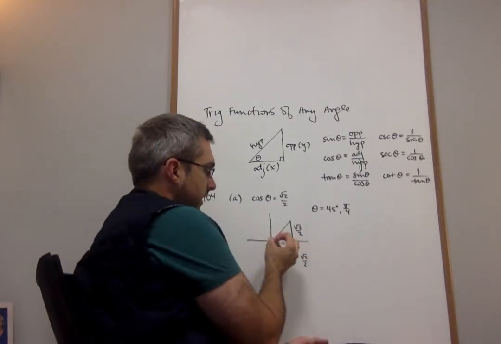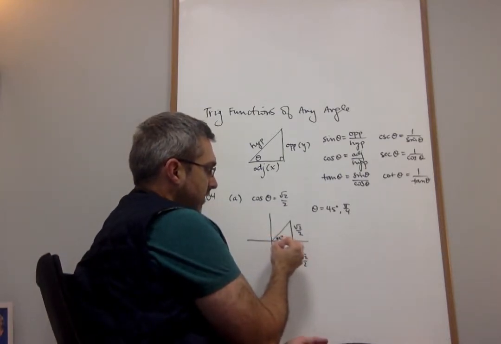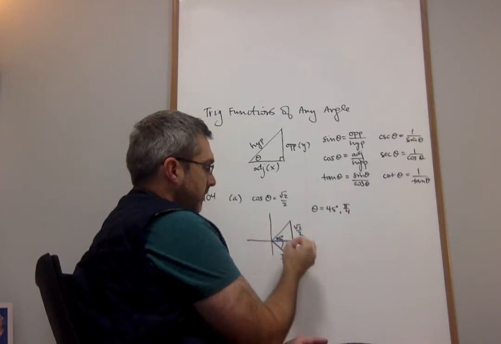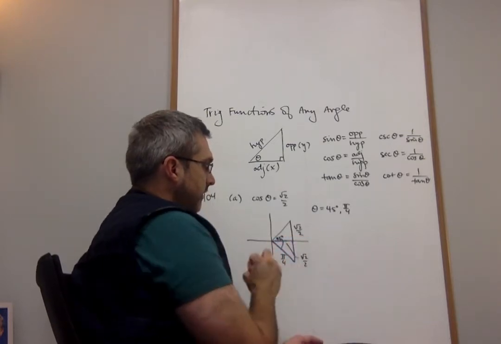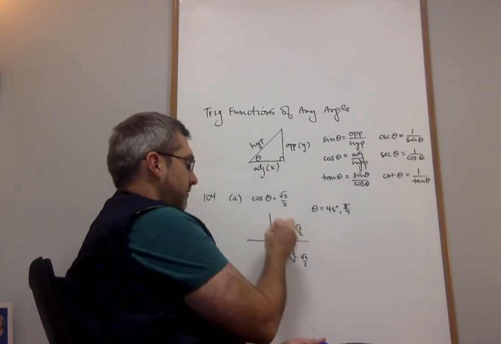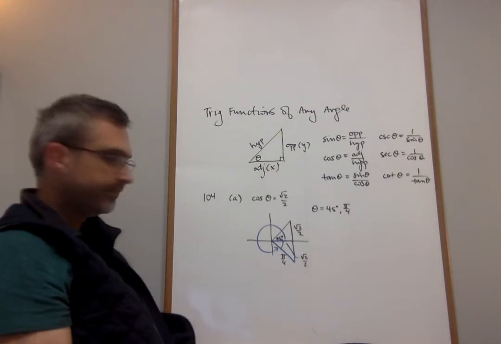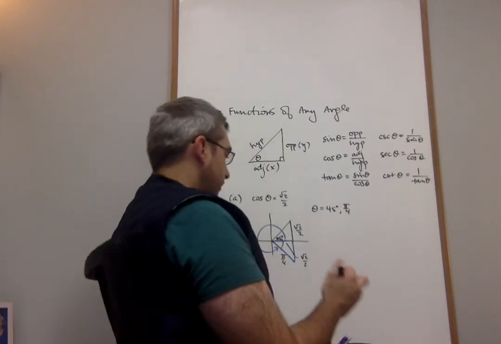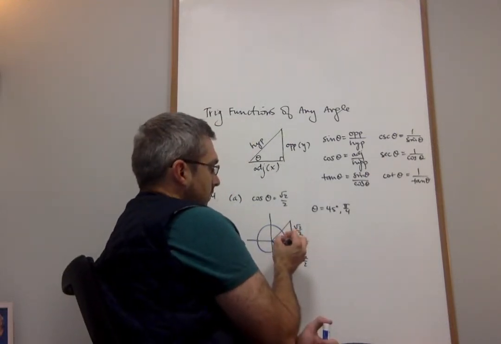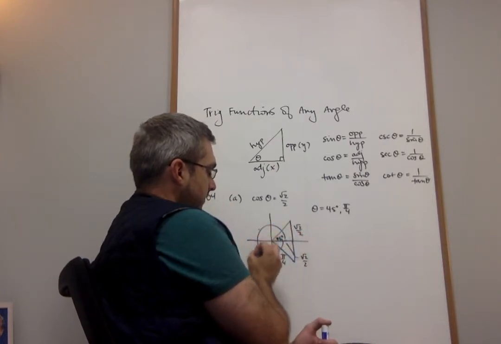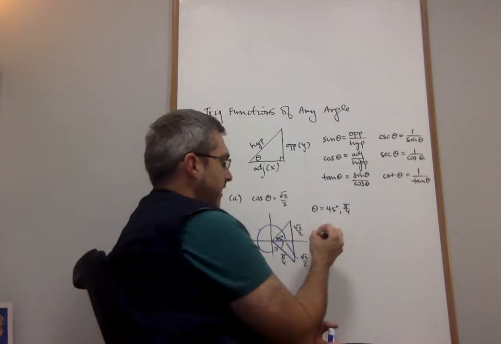So the other thing I could do is notice that if I want the cosine to be root 2 over 2, the other way would be to have a triangle down here. In that case, my angle is this angle that I'm drawing in blue here. In other words, that's 1 pi over 4, 2 pi over 4, 3 pi over 4, 4 pi over 4, 5, 6, 7 pi over 4.